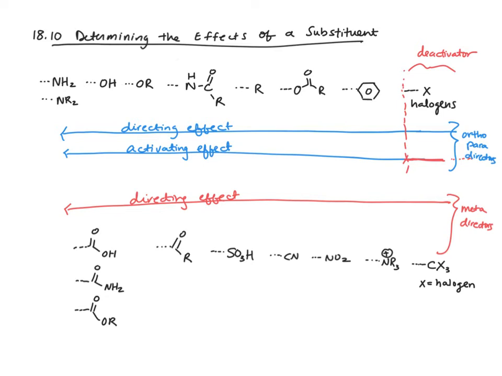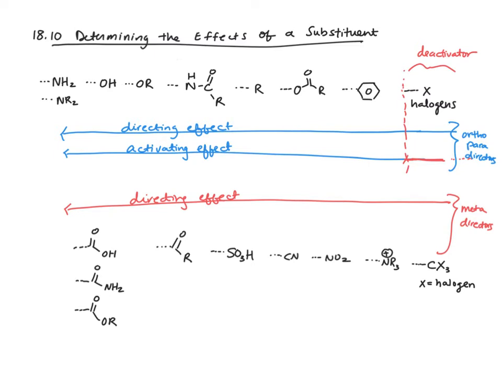The only exception in this row is the halogens, which are deactivating, yet they're still ortho-para directing. So again, everything in blue is an ortho-para director, and even in red over here, it's still an ortho-para director, but a deactivator.